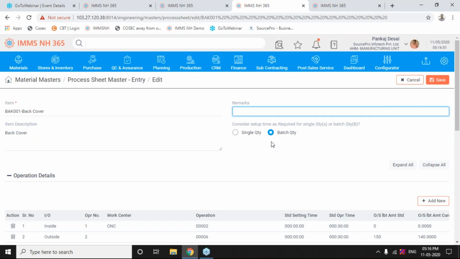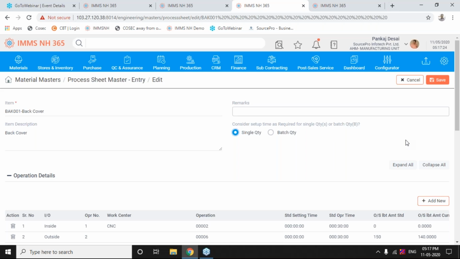If it is a fabrication where you cannot have anything like batch, or an assembly where there is nothing like batch, it is always one to one. In that case, the user can define that as single quantity. That means that if I have to perform this operation for this component or assembly or sub assembly, I need to spend time setting up, and operations, on a piece to piece basis.